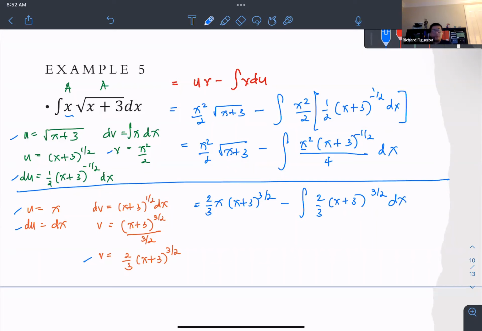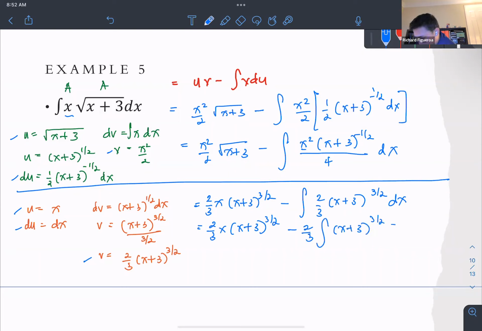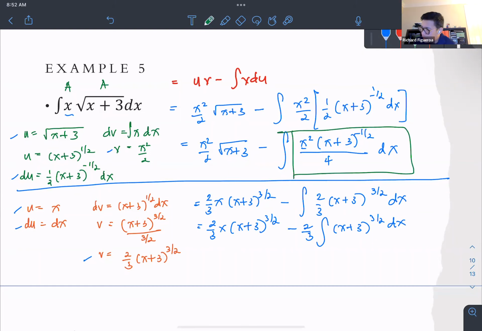As you can see here, mas madaling integrate ito, no? So 2/3 x plus 3 raised to 3 all over 2. So labas natin yung 2/3. So the integral of x plus 3 raised to 3 all over 2 dx. So what can you see? So this one over this.